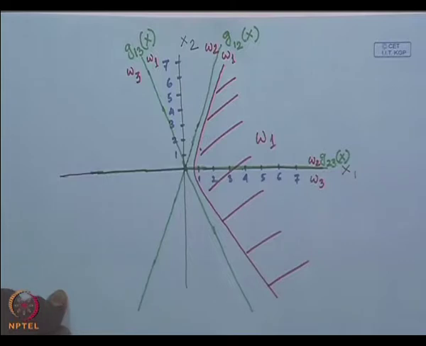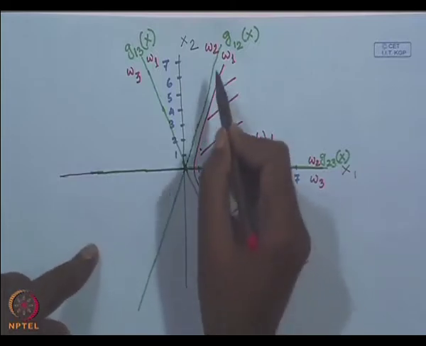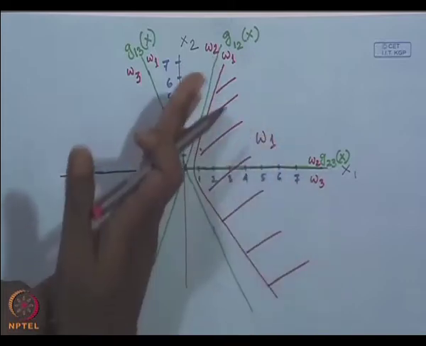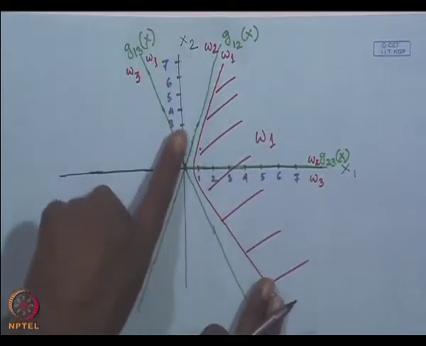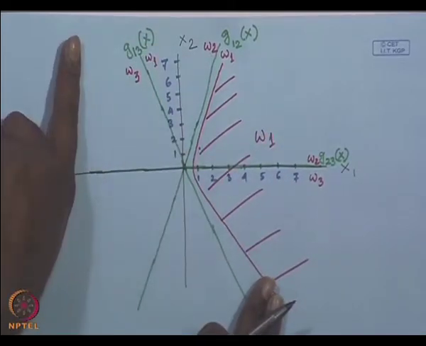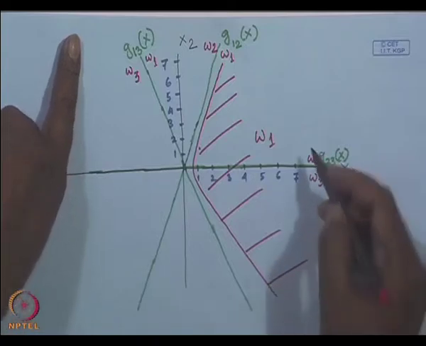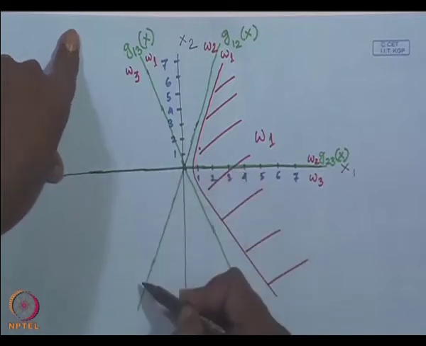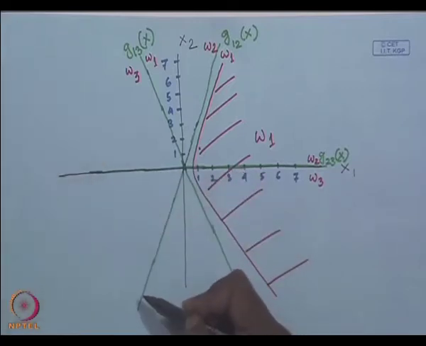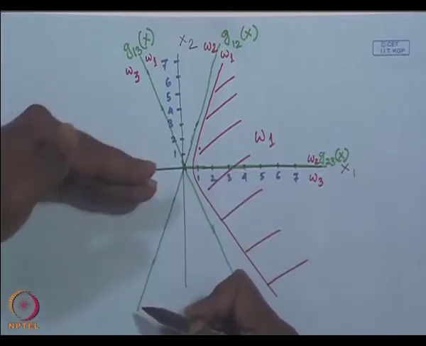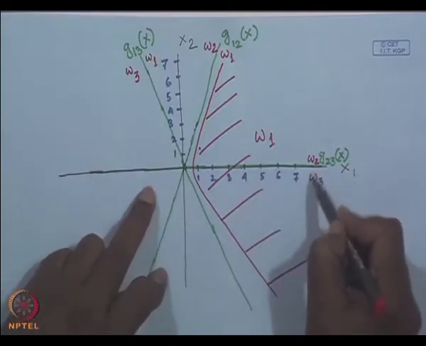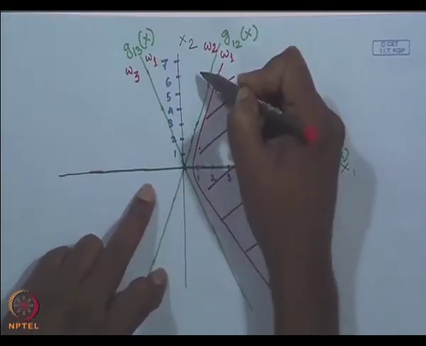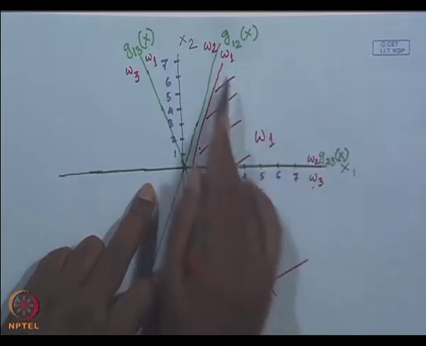Then, when I consider omega 2, you find that between omega 1 and omega 2, this half belongs to class omega 2, and between omega 3 and omega 2, it is this half which belongs to class omega 2. It is the upper half of omega 2 and omega 3 which belongs to class omega 2.